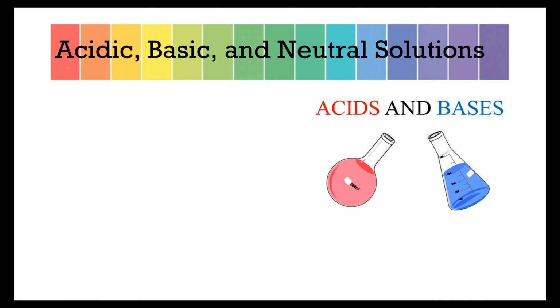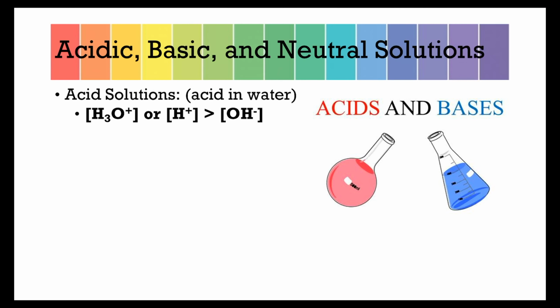So today, we're going to talk about the pH scale. If we're talking about acids, bases, and acidic, basic, and neutral solutions, we have to talk about what makes them acidic, basic, or neutral. When we first started talking about this unit, we said there were two theories.